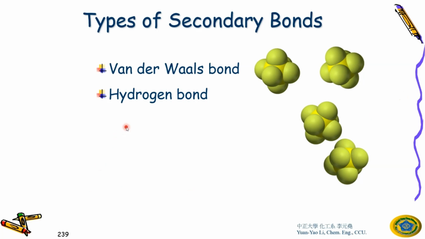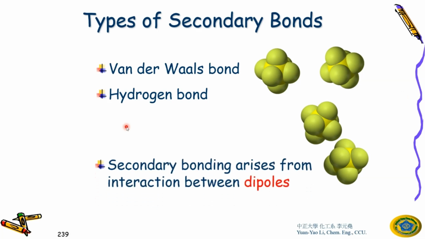Hydrogen bond is actually a special case of the van der Waals bond. And why do we have these bonds? The secondary bonding arises from interaction between dipoles. So first of all, we need to know dipoles, and then we move to understanding the secondary bonding.